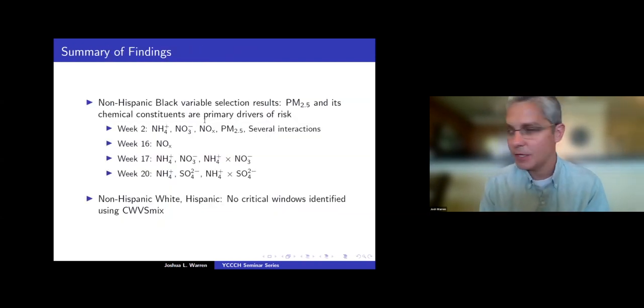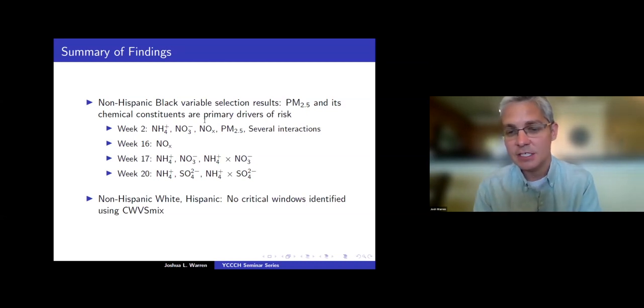So a little brief wrapping up here, summary of our findings is that for the non-Hispanic Black data set and variable selection results, PM2.5 and its chemical constituents are primary drivers of risk. And this was actually changing across exposure week. So driven in week 2 by a lot of interactions and kind of individual pieces. Week 16, mainly heavily driven by nitrogen oxides.